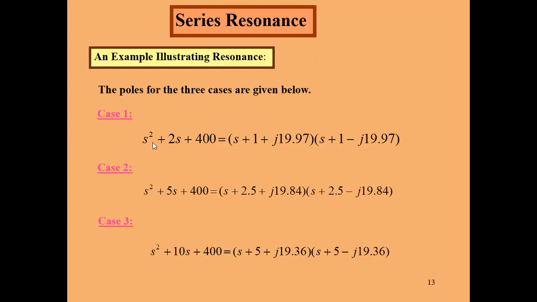Here the factors arise as s plus 1 plus j and s plus 1 minus j, partitioning s square plus 2s plus 400.